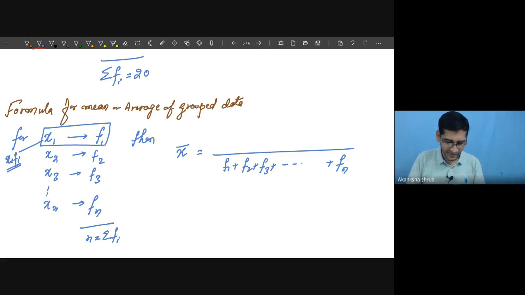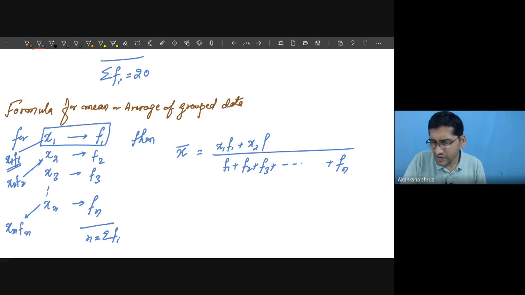Similarly, for x2 I shall take the value x2 f2. So go on doing that, up to xn fn. So x1 f1, x2 f2, x3 f3, and so on, adding up to xn fn.